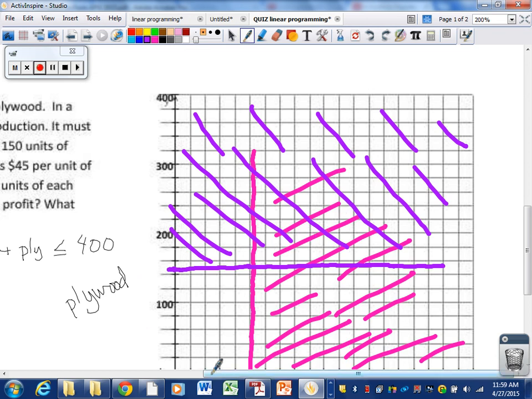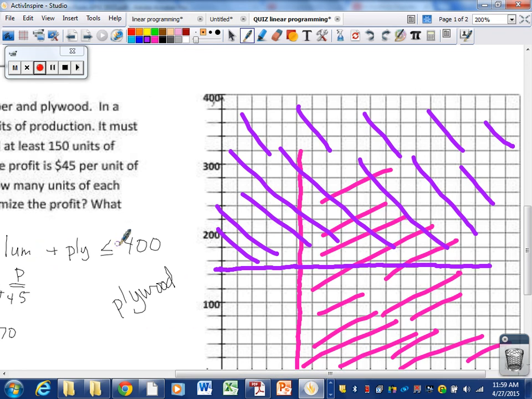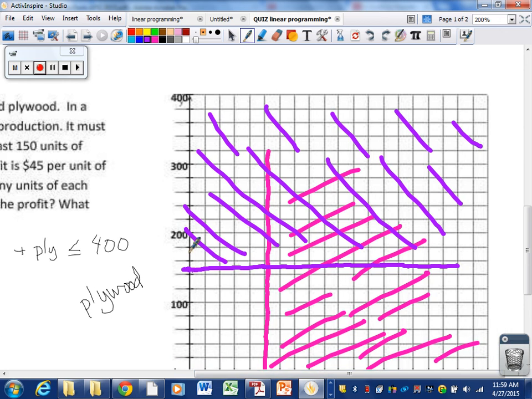But then our third equation is lumber plus plywood is 400. So that means, let's see what color, how about red, that plywood has to be bigger than negative lumber plus 400. So that starts at 400 and it goes down this way, with a slope of -1.